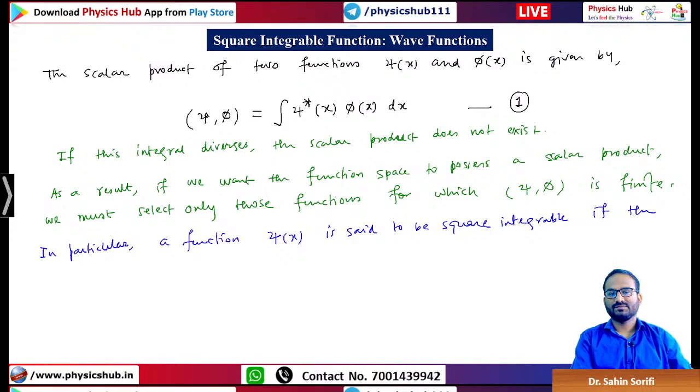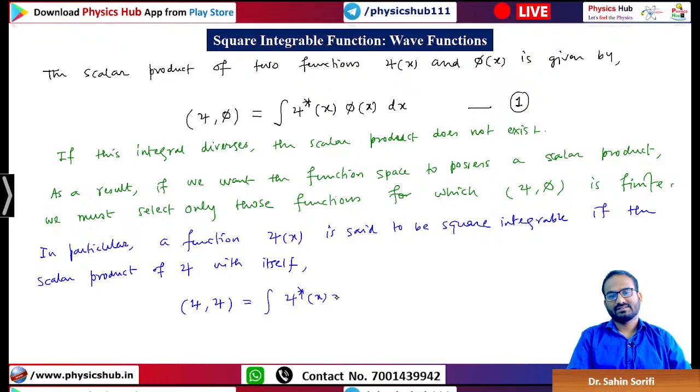If you take the scalar product of psi with itself, so psi psi, this will be the integral of psi star x psi x dx, which means mod psi of x whole square dx.